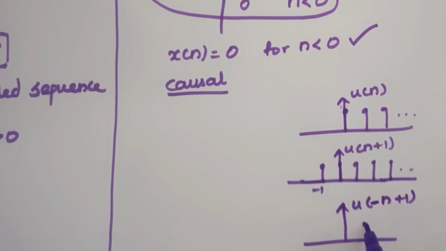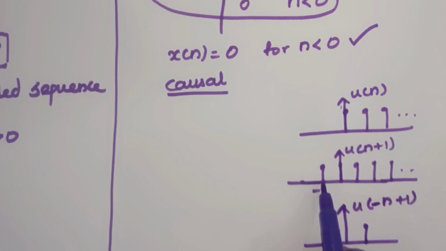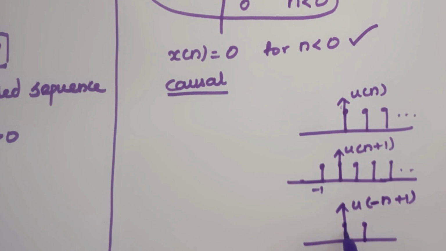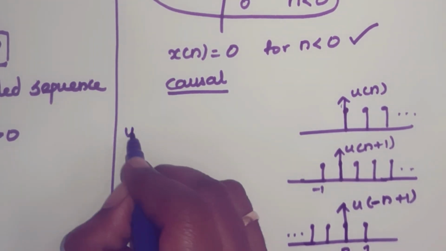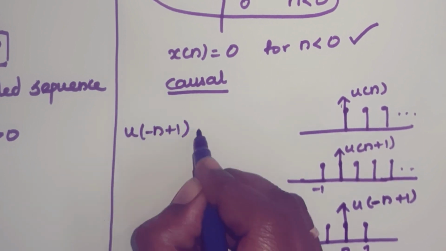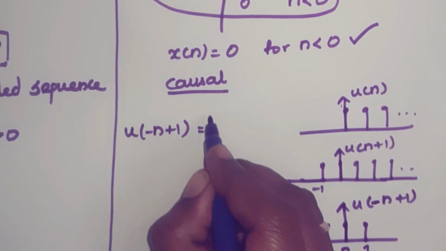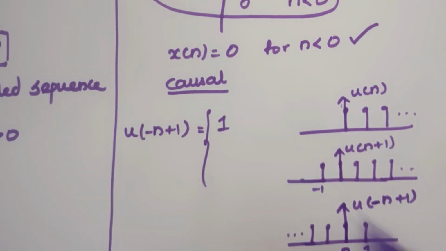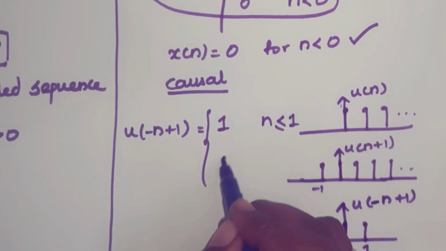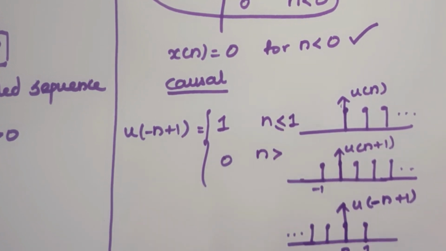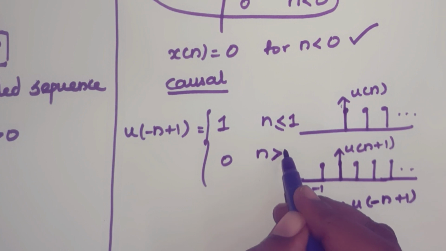Just copy the right side into the left and the left into the right. So here u of minus n plus 1, that is your x of n, is equal to 1 for n less than or equal to 1, and 0 for n greater than 1.